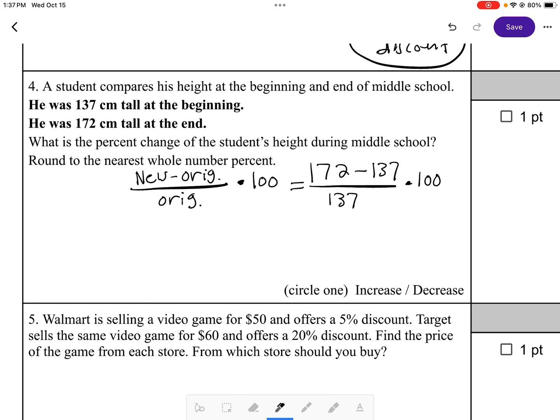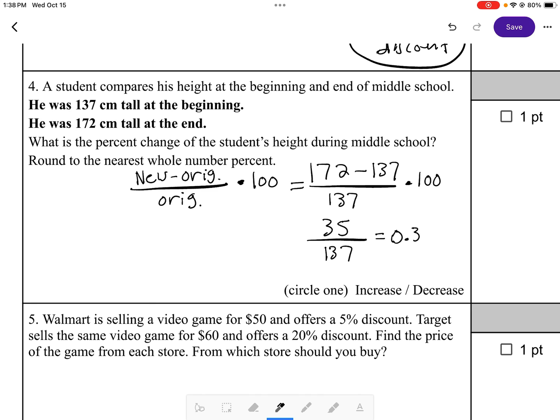172 minus 137 is 35, so that gives me 35 divided by 137. 35 divided by 137 is a long number, 0.25547, and it goes on. We need to round to the nearest whole number, so I'm going to round this to about 0.3 to start.